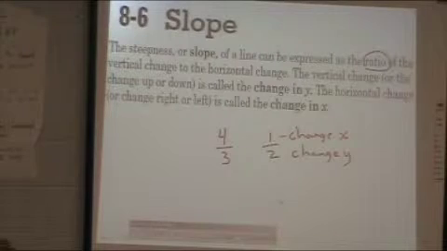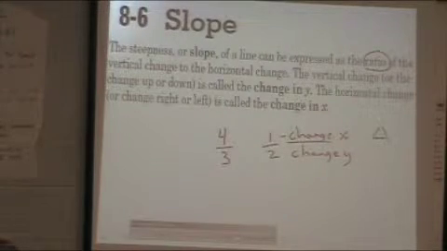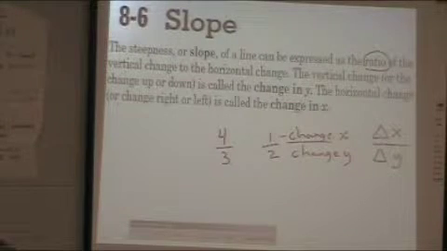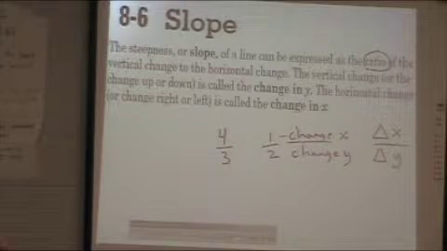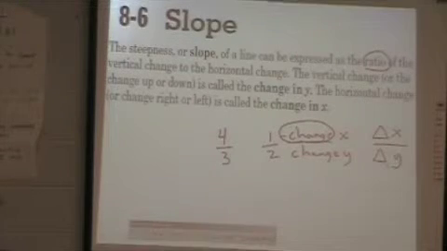Okay? Now in math, the way that we signal change is we use a triangle. This is called delta. Okay? So delta y over delta x means the change in y over the change in x. That's your slope. Okay, now we use the symbol delta instead of writing change because it's faster.